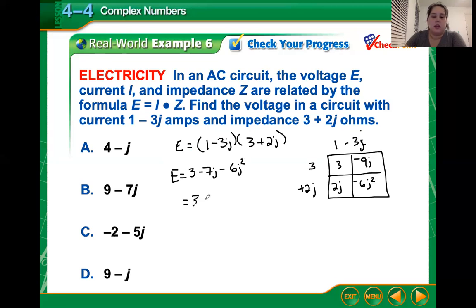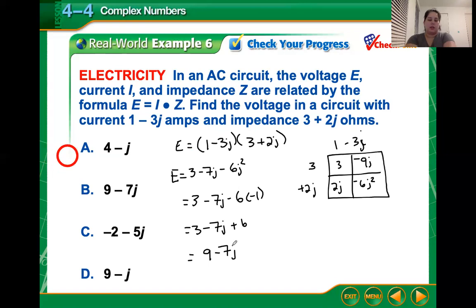So we're going to go ahead and change our J squared to negative 1, which gets us 3 minus 7J plus 6, which gets us 9 minus 7J when we combine like terms. And we see that our answer will be B.